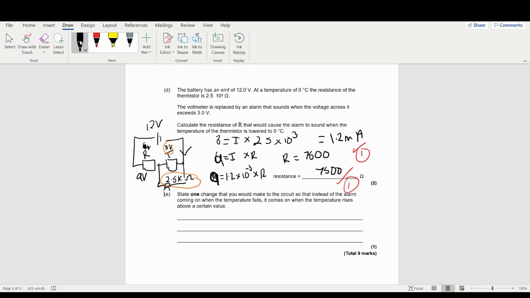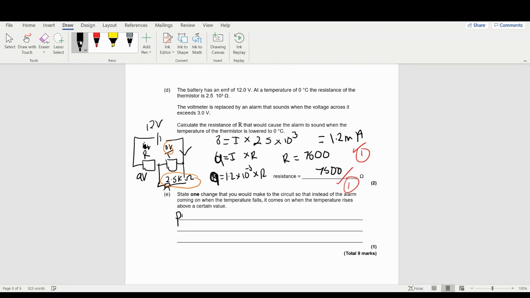So state 1 change you would make to the circuit. So instead of the alarm coming on when the temperature falls, it comes on when it gets hotter. So what happens when it gets hotter, this thermistor is going to lose voltage, while this resistor is going to gain voltage. So what you want to do is flip them over.